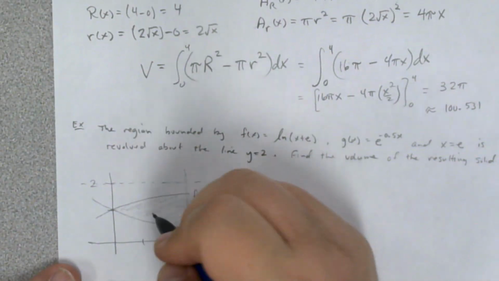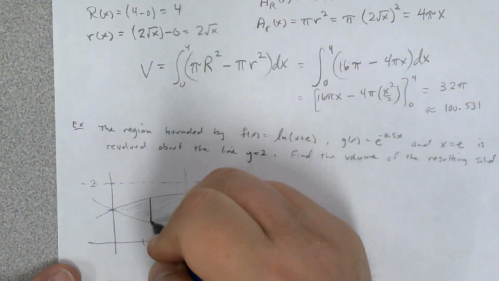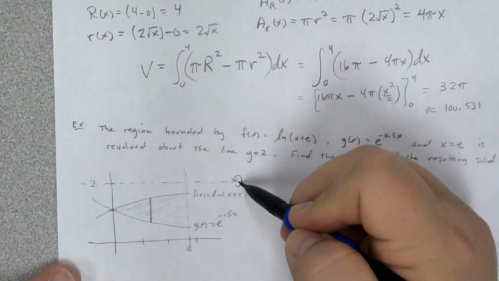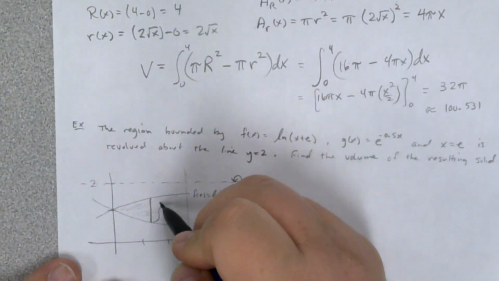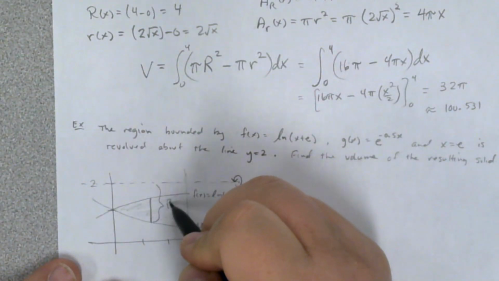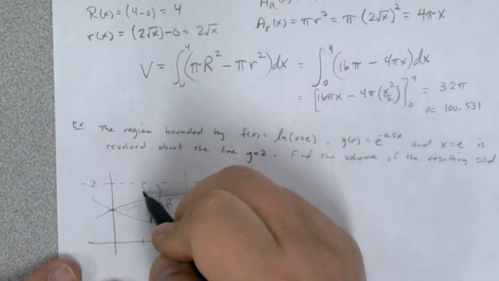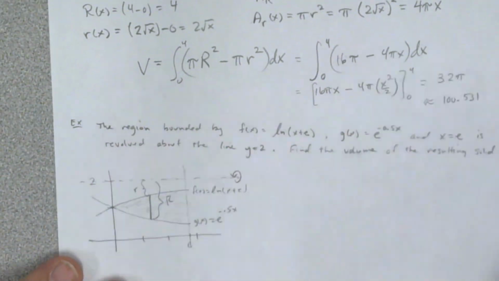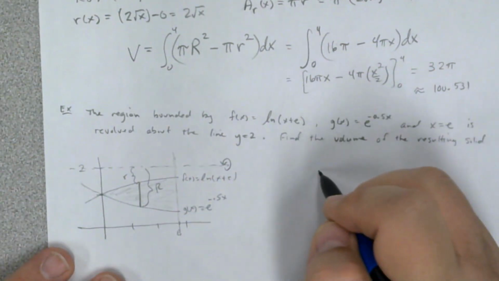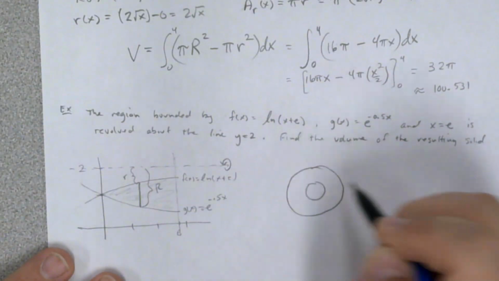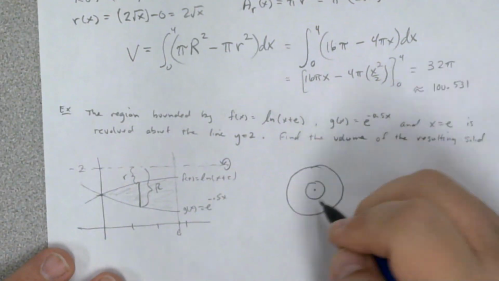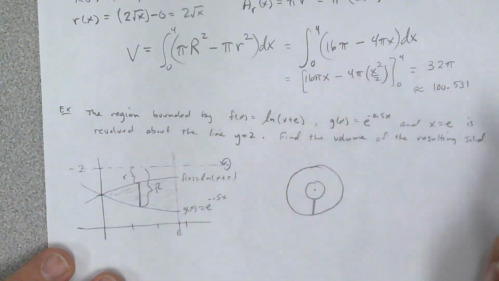And then we're going to draw a representative segment perpendicular to the axis of revolution. This piece from here to here, that's the longest piece, so that's big R. This piece right here is the shorter piece, so that's little r. We draw our washer over here. Okay. And so we have this segment right here.